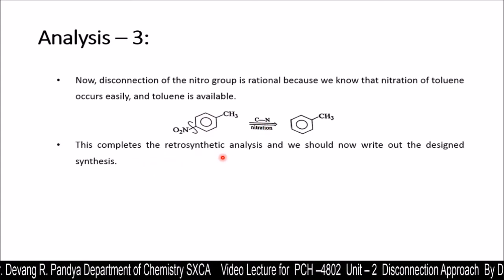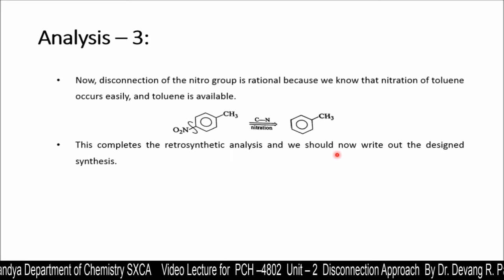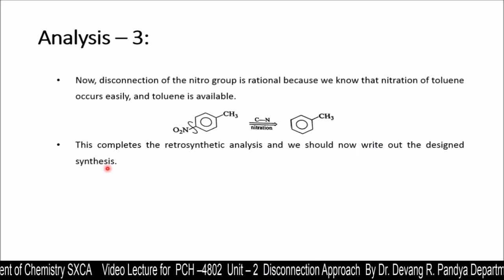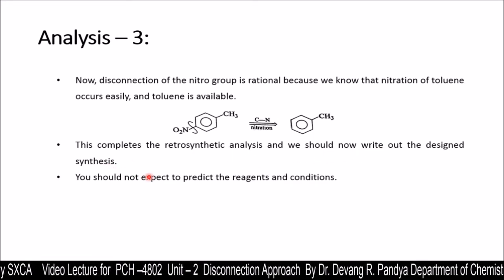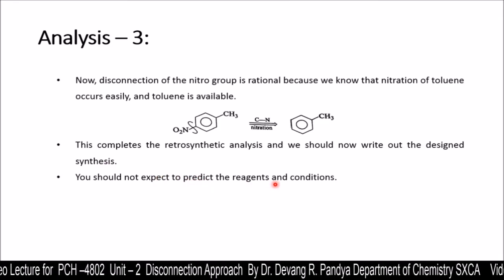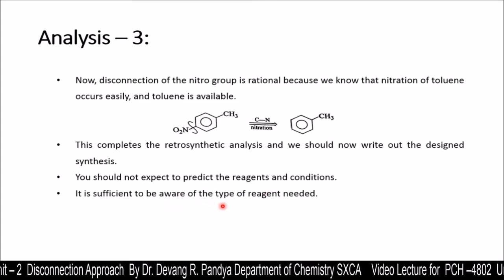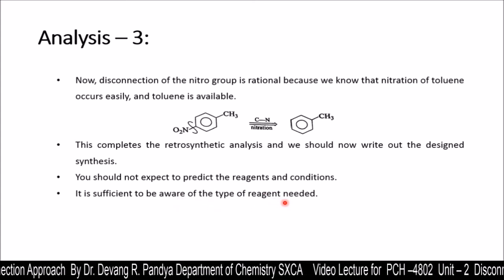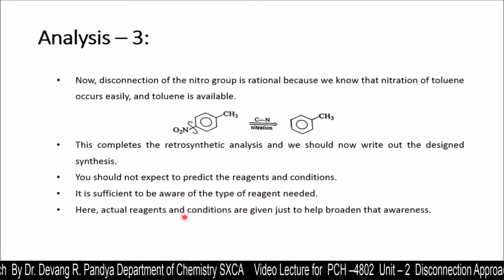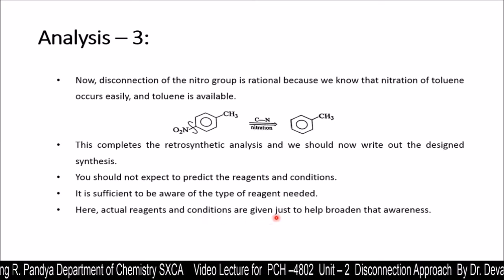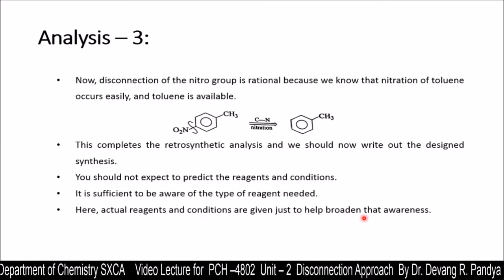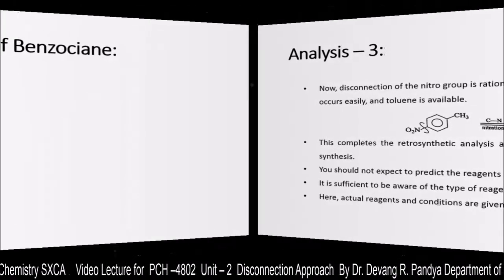This completes the retrosynthetic analysis, and we should now write the design synthesis. We should not expect to predict the reagents and conditions. It is sufficient to be aware of the type of reagent needed. Here the actual reagents and conditions are given just to help broaden that awareness.